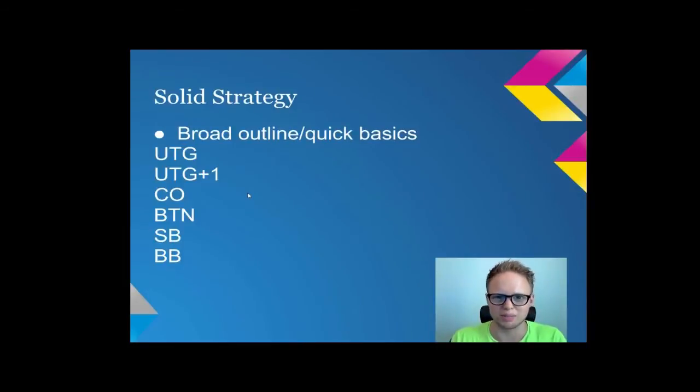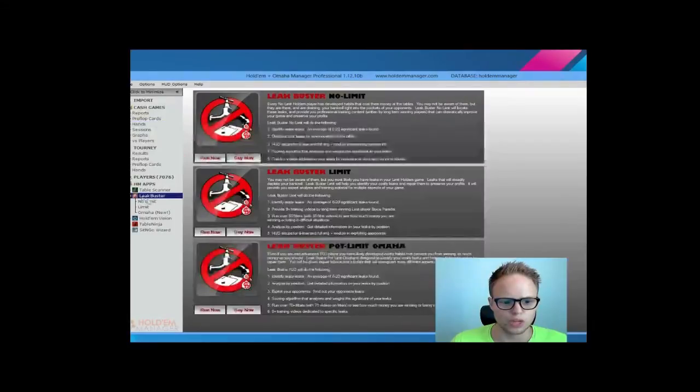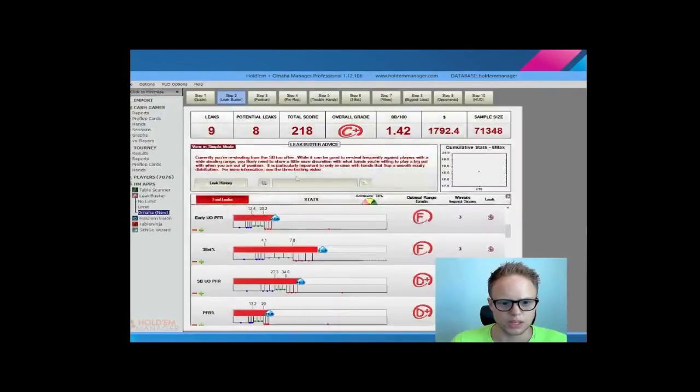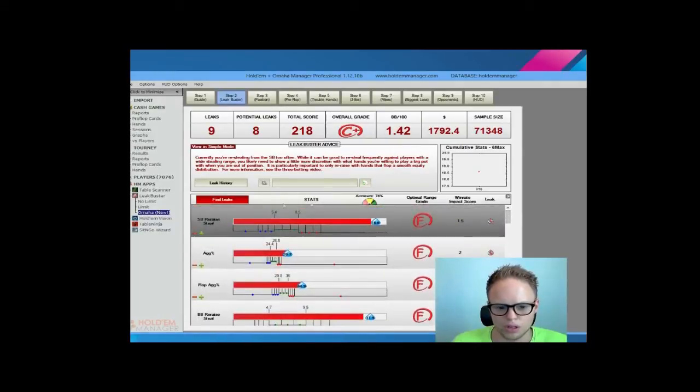But if you're looking to build a solid base to stand on, I can recommend you to use Hold'em Manager and go to Leak Buster. Get the Omaha Leak Buster because we were playing Omaha. Here you can find how you are doing in different spots and where you're losing money, where you're winning money, where you're deviating a lot from the norm.